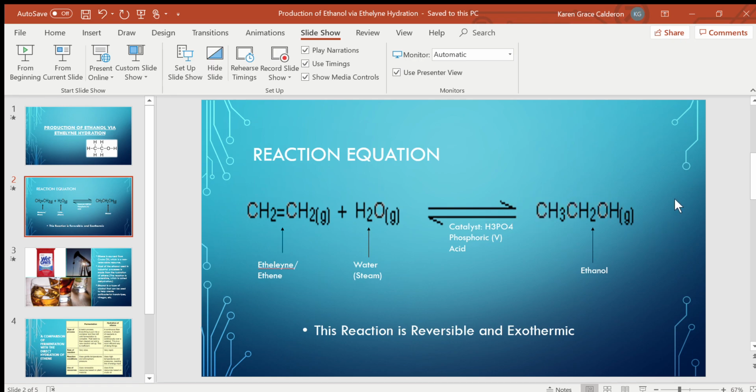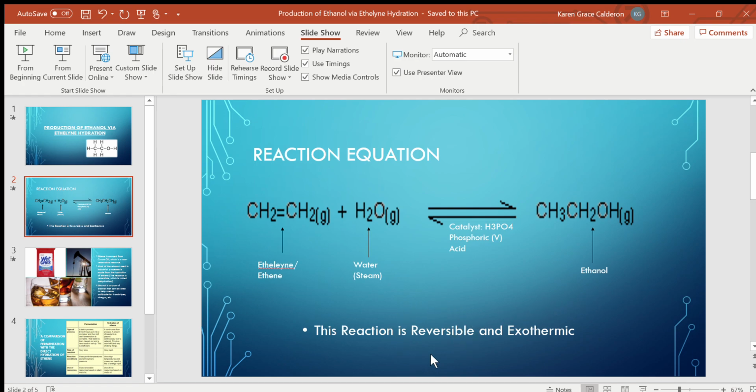Now, when we're talking about ethylene hydration, ethanol is actually known to be called synthetic ethanol itself. It is one of the oldest, and one of the first ways people found to produce ethanol. This reaction is reversible, and it's actually an exothermic reaction too.